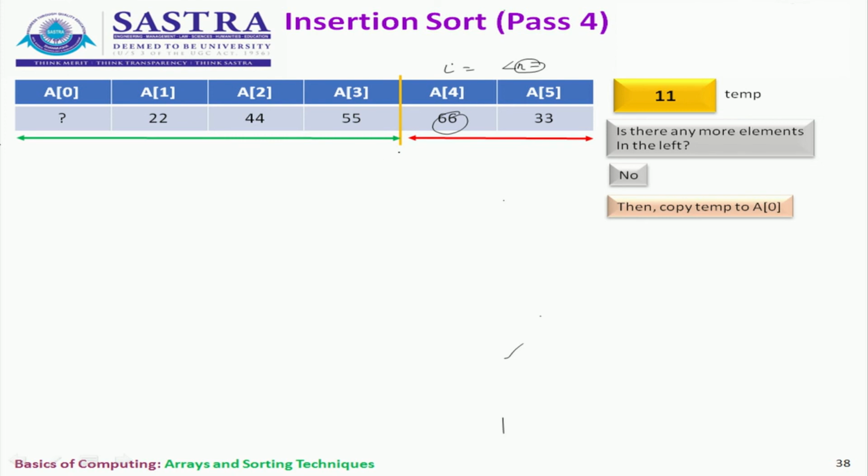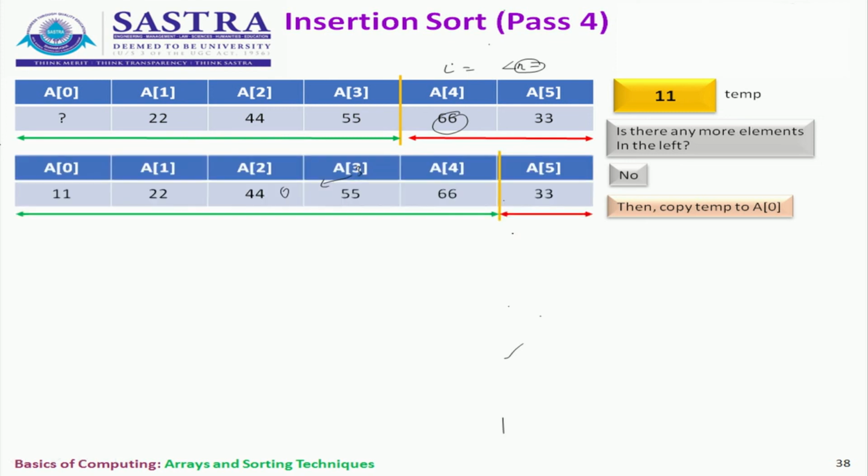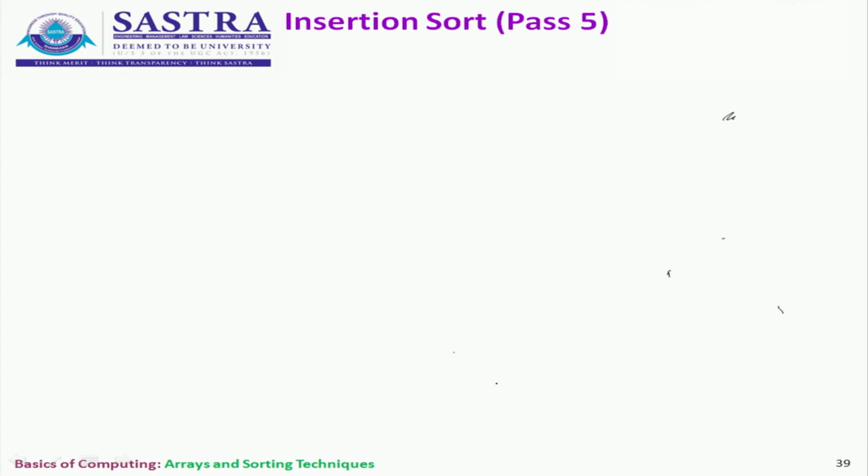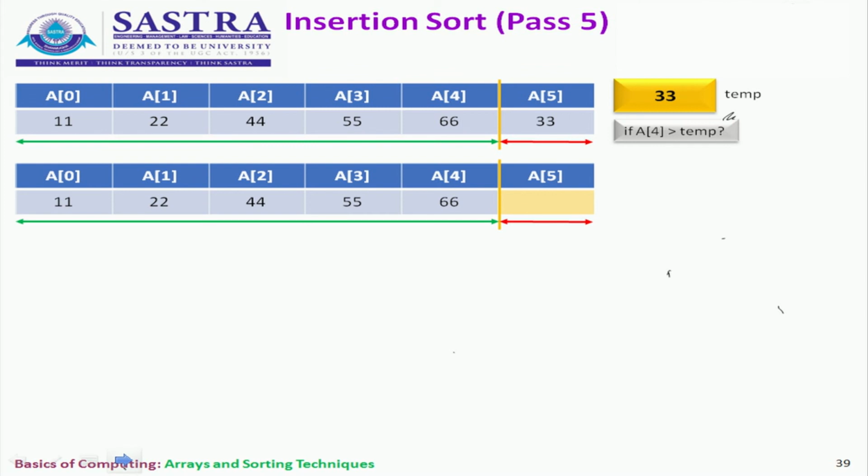Here the J value is I minus 1, that is, I is 4, I minus 1 is 3, from 3 till it reaches 0. So this is how we have to create our loops for completing the task using insertion sort.